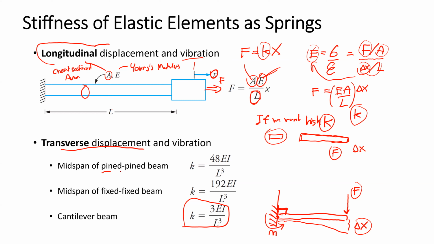The mid-span pin beam. The meaning is you have the pin and you have the beam. So we apply the force and we can see the delta X. For the pin support, maybe this is not a good picture.